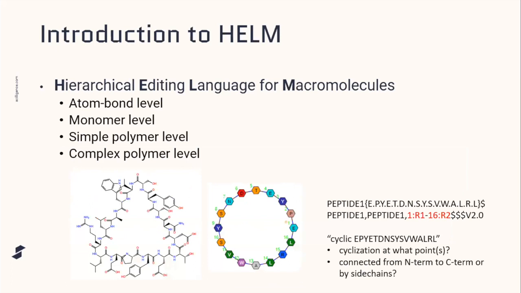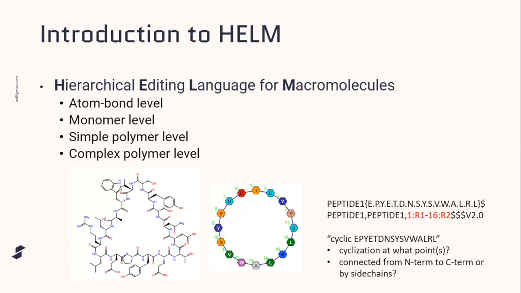So this is one example. I've taken the peptide from the previous slide and just cyclized it. And this is not even a particularly complex case. I've added one piece of complication, just cyclizing the peptide. And yet, if I just try to call this the cyclic version of that sequence, I've already introduced multiple questions. Which monomers are connected in the cyclization?